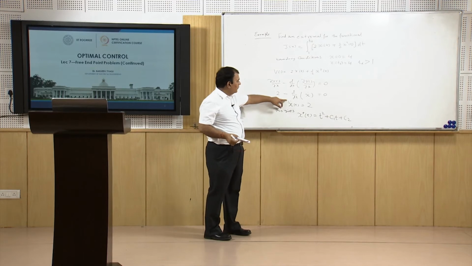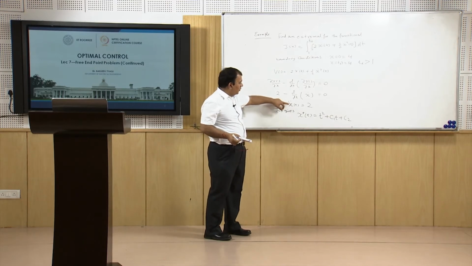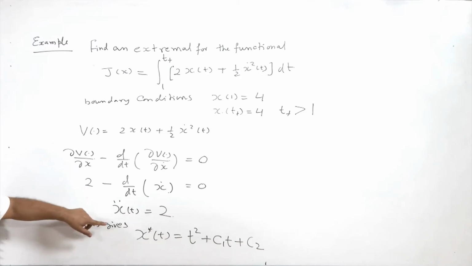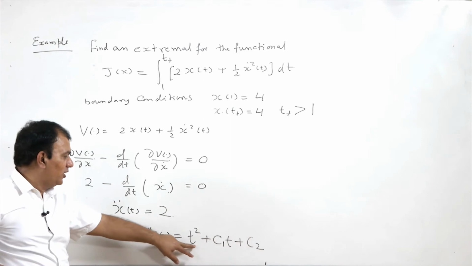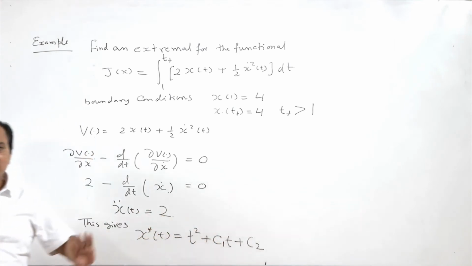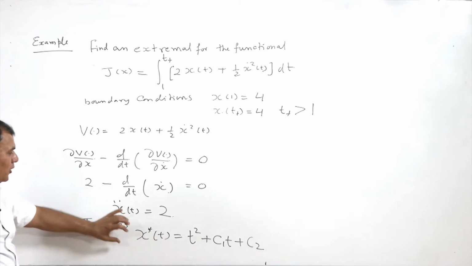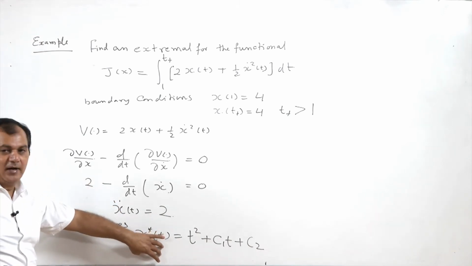So, if I solve, ẋ is 2t, and further I will integrate this to get x*(t) as t² plus C1 t plus C2. This is the solution of my ẍ(t) equal to 2.